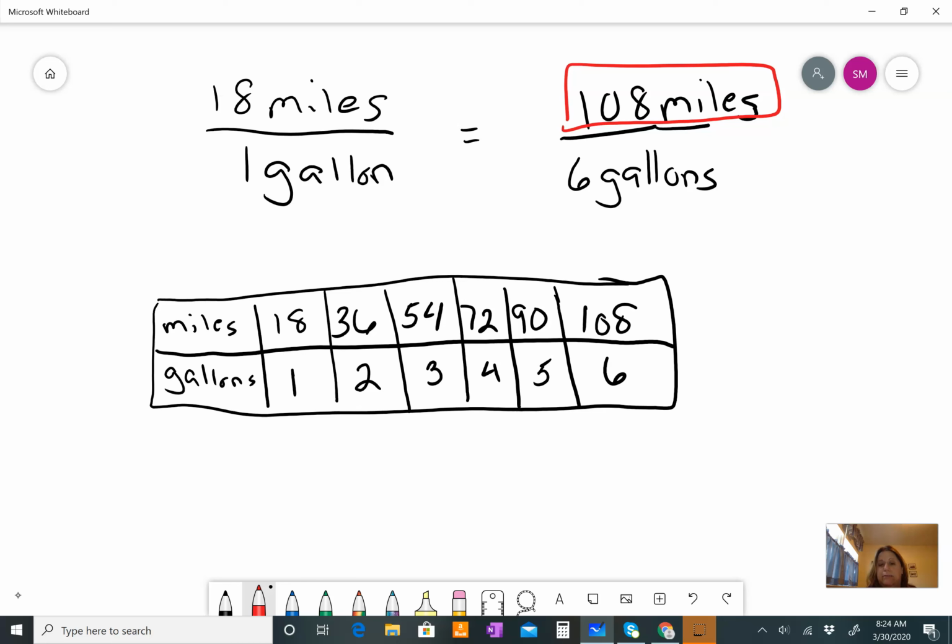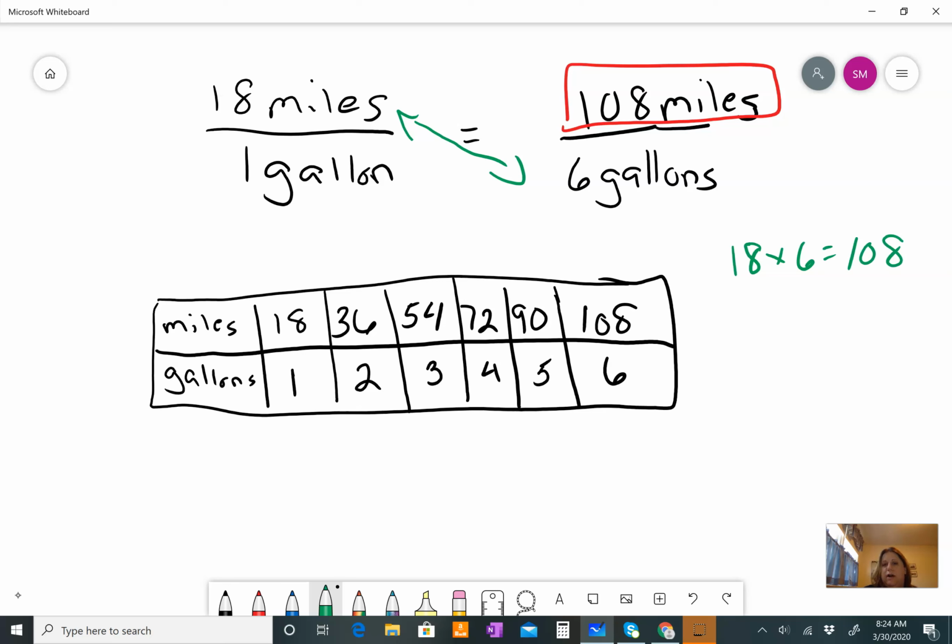So I had said the algebra way of doing this without making the table, I'm going to jump the gun here just a little bit, is to cross multiply your two numbers. So you would cross multiply these two. That would be 18 times 6, which happens to be 108.